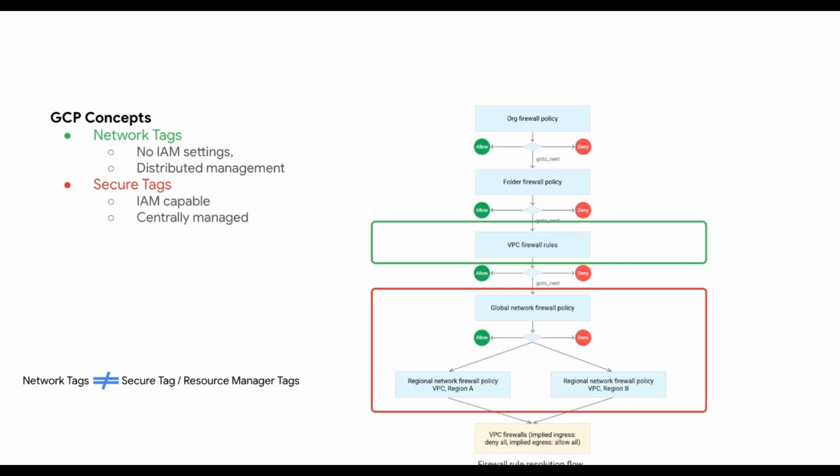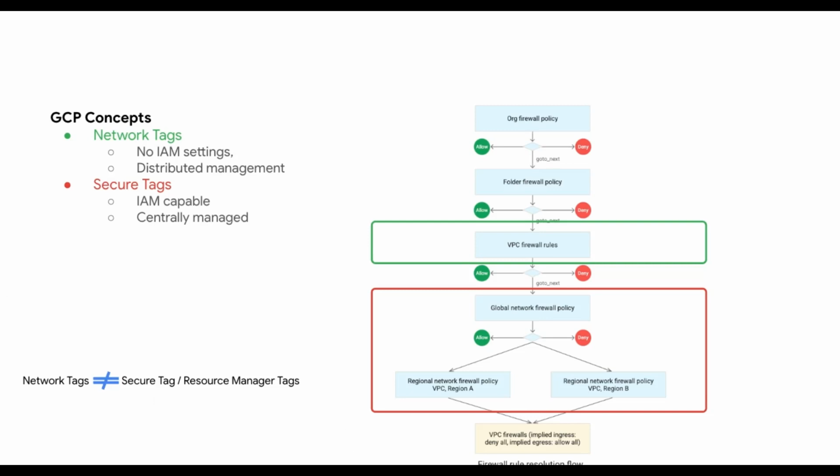The difference between secure tags and network tags is that secure tags have the capability of IAM privileges, meaning that you can be very specific and granular in saying who can assign the specific tag to the instance. And you can control it using IAM privileges, as we're going to show later. Another benefit, and there's a couple more, but another big one, is that those are centrally managed. As you might know, with network tags, you didn't have a central management platform for your tags.